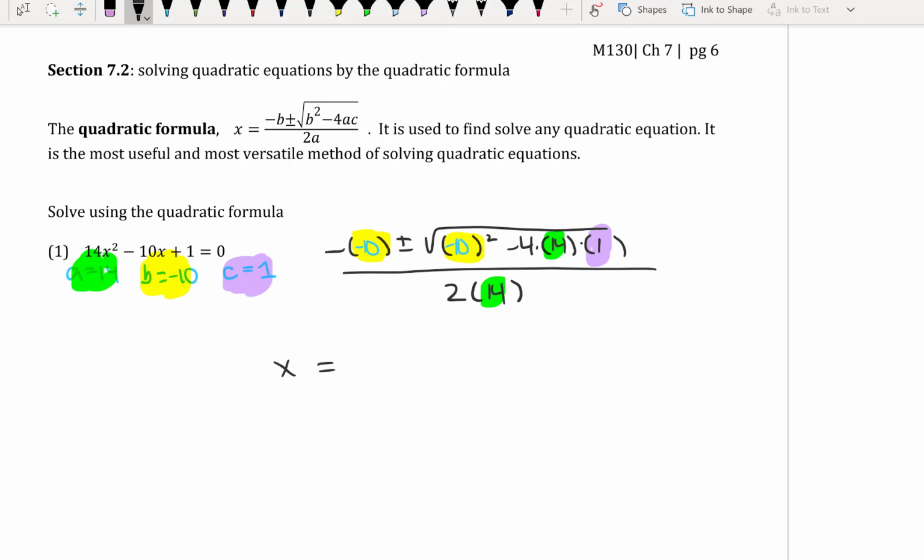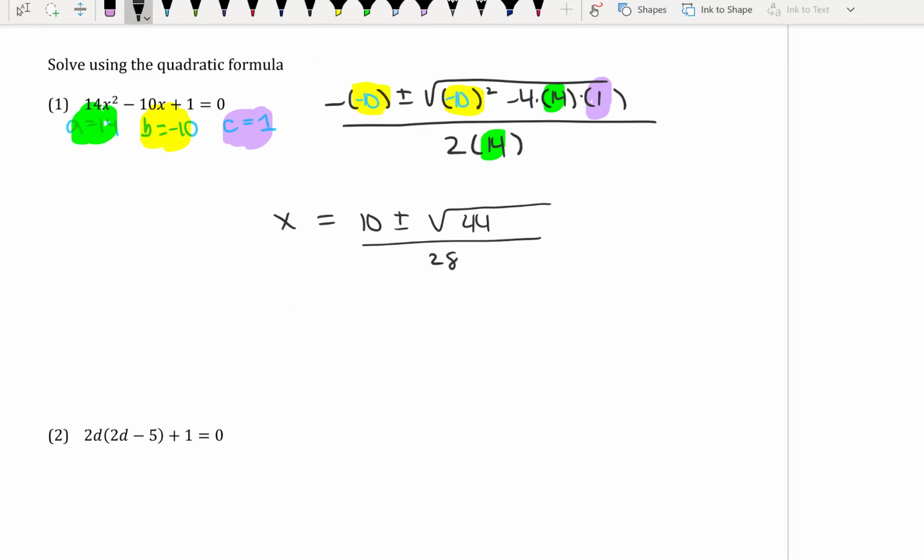So now I have that x is equal to, well, this is a negative 10, so it's a positive 10 plus or minus. Here, I'm going to do this on my calculator over to the side. I have negative 10 squared minus 4 times 14 times 1, which gives me 44 inside. And I have 2 times 14, which gives me 28. To simplify this a little bit, I can split this up.